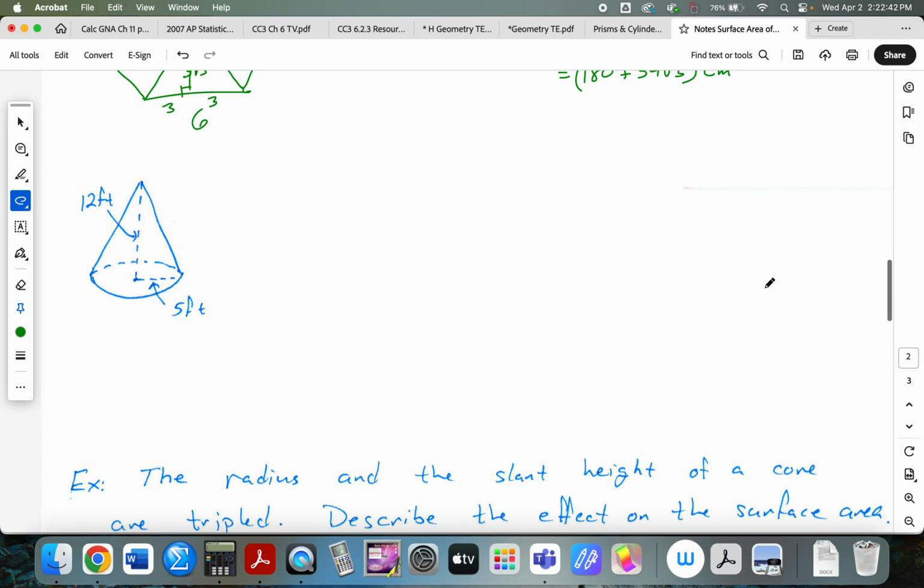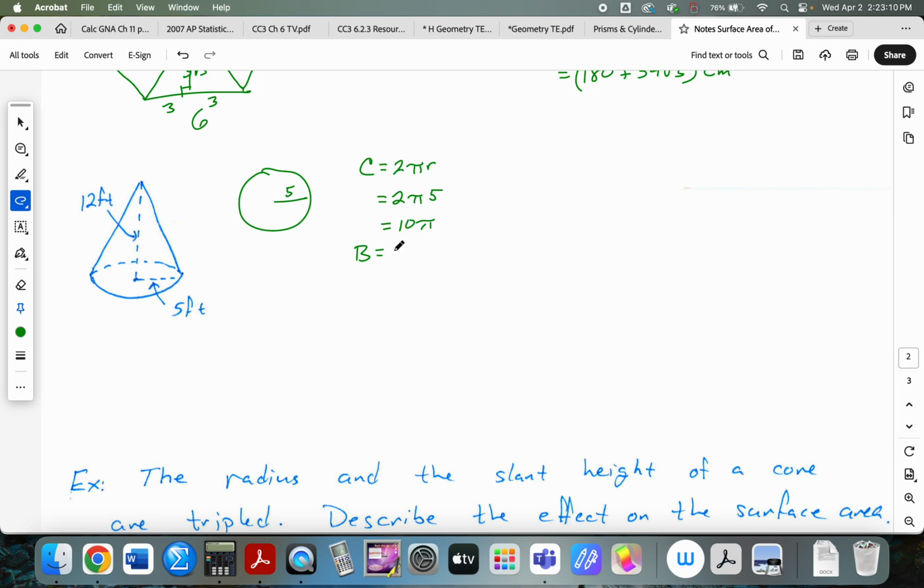All right, let's do this cone. So the base of the cone is a circle where the radius is 5. So the circumference is 2 times pi times the radius. So it's 2 times pi times 5, which is 10 pi.